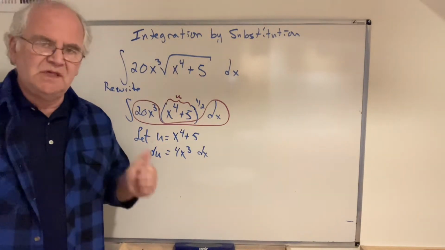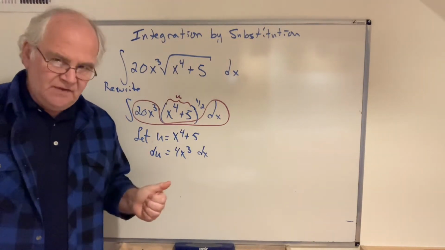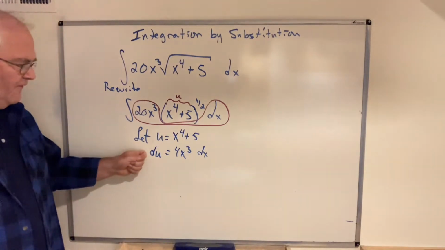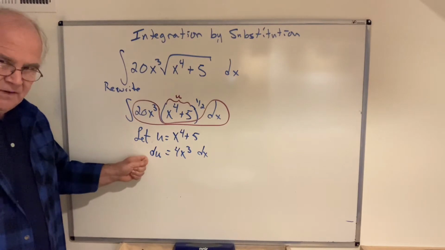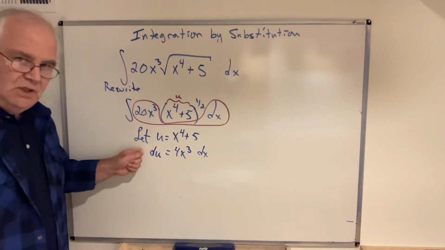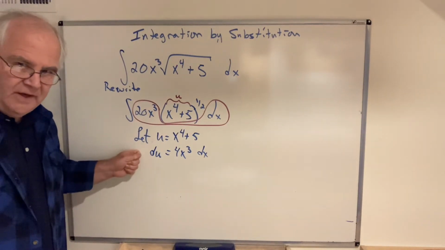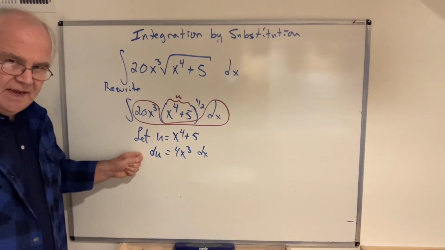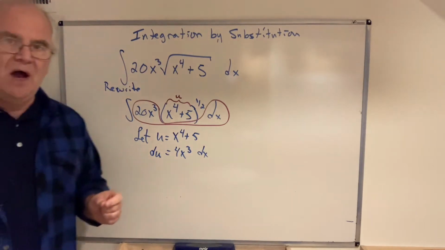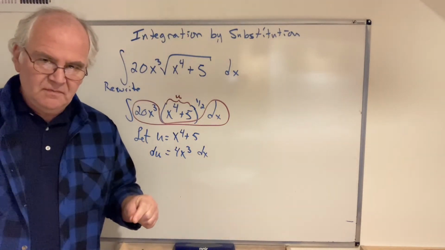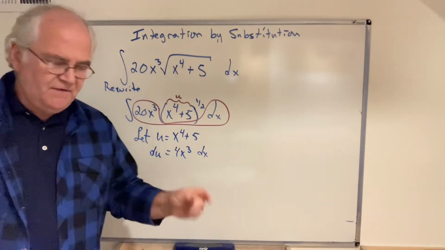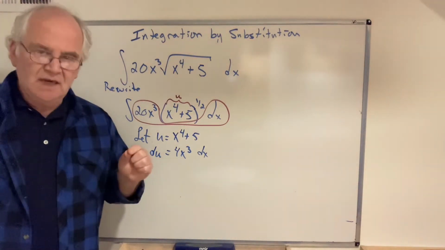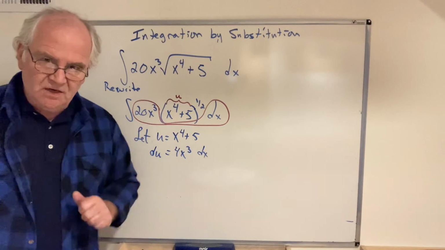This is what you are allowed to do, and only this. Once you form the differential line, you are allowed to multiply both sides of this differential line by any constant except 0.